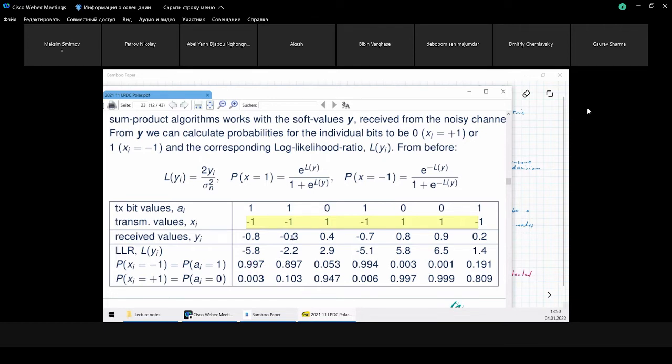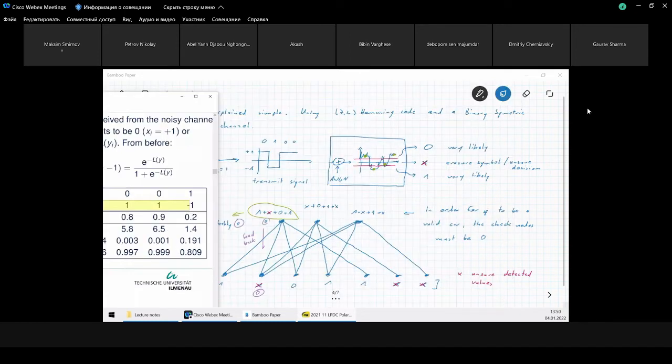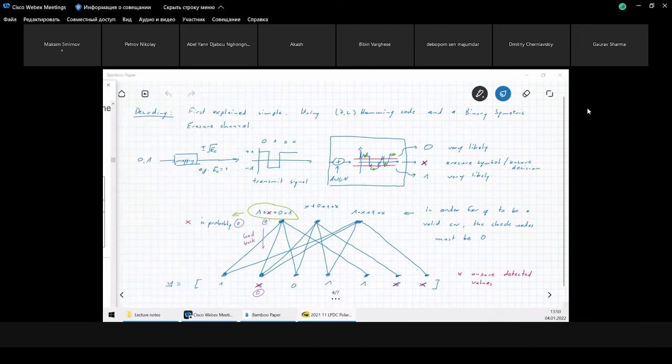Okay, and one more question. Does this mean received values close to the intersection point of the normal curves are likely to be decoded falsely? Let me see how to answer this in a good way.